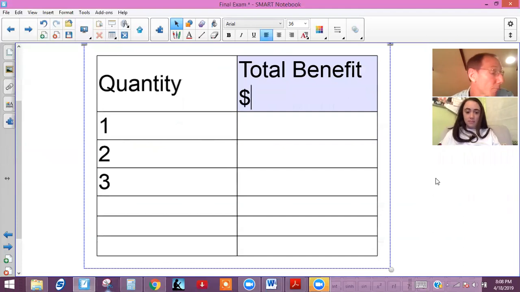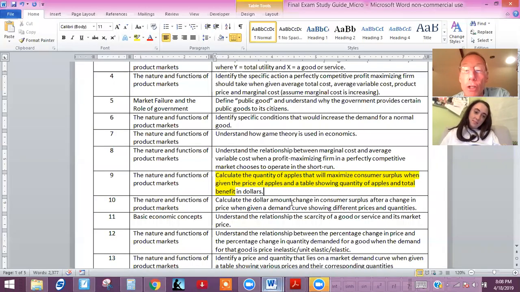So what I'm asking you to look at is where would you maximize your consumer surplus when you look at the total benefit in dollars. Well, you're going to maximize the consumer surplus where the marginal benefit in dollars is equal to or greater than the cost. Right? Follow me? So far? Okay.